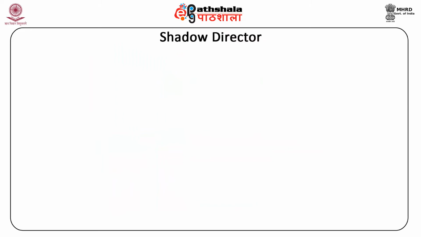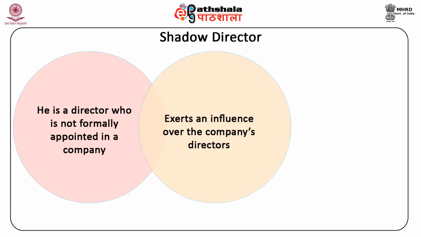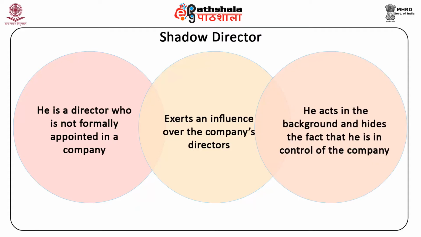Shadow director: he is a director who is not formally appointed in a company but exerts such an influence over the company's directors that other directors are accustomed to act in accordance with his instructions. He acts in the background and hides the fact that he is in control of the company.